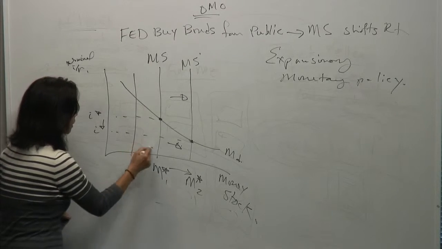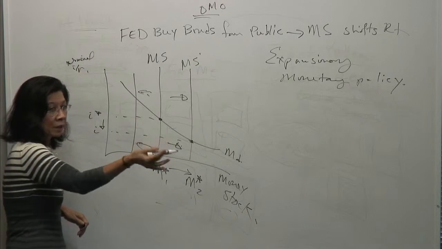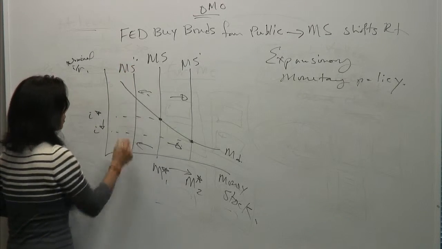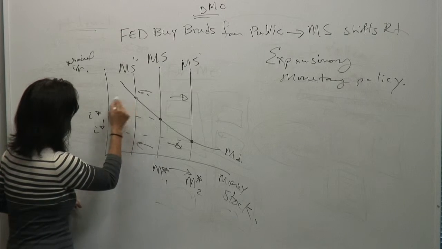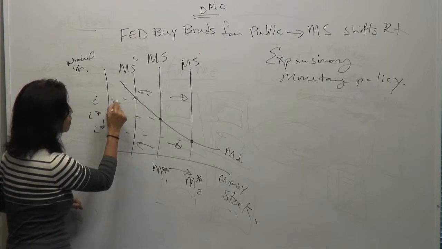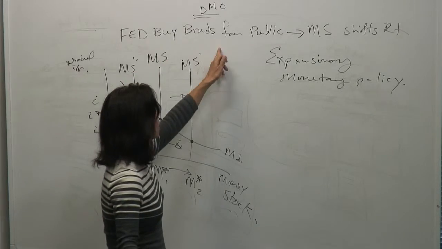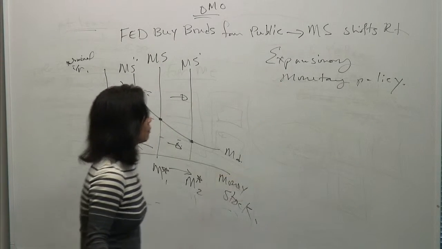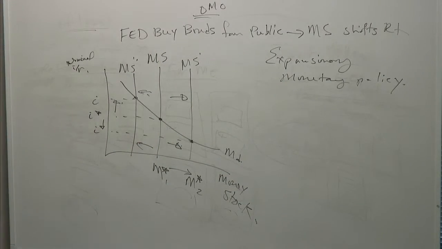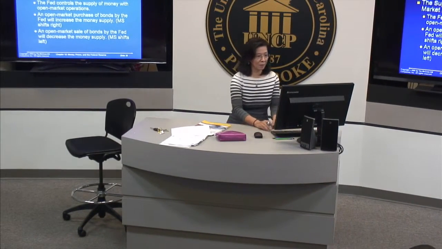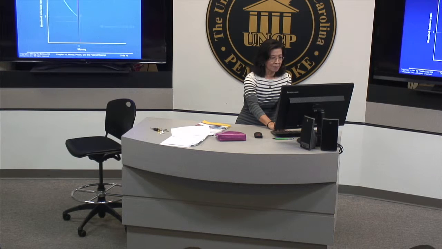Remember Nathan represents the public. So then money supply shifts to the left, and the interest rate will be higher in this case, and everything will be opposite. If you sell bonds to the public, money supply shifts left. We call that contractionary monetary policy. Very good.